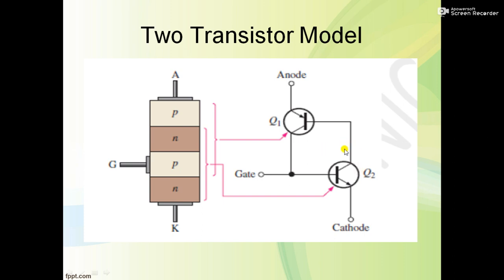This is too small a current to switch on the Q1 transistor, so both transistors are in the off condition because the gate current is 0.